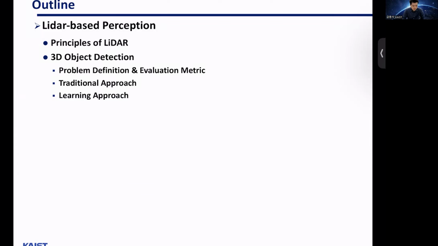And then we'll dive into 3D object detection algorithms, where problem definition and evaluation metrics are used, how traditionally this problem has been tackled, and how recent learning methods approach 3D object detection using LiDAR point clouds.